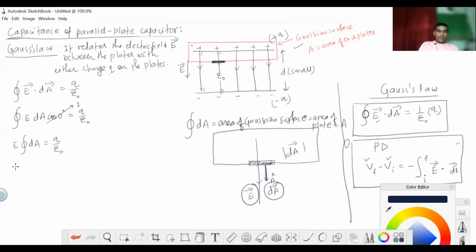So finally we can write this integral equals A, capital A. So we have EA equals Q by epsilon 0.